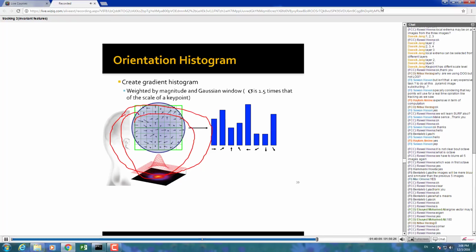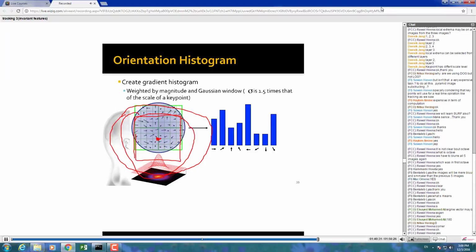Once it is rotated, this is the window showing the basic approach to calculate the descriptor. So inside every window, again, they might have been rotated according to the key point orientation.